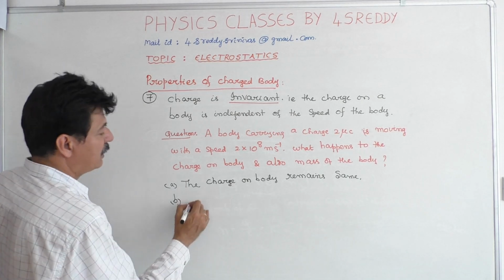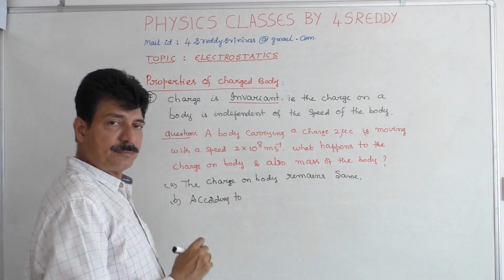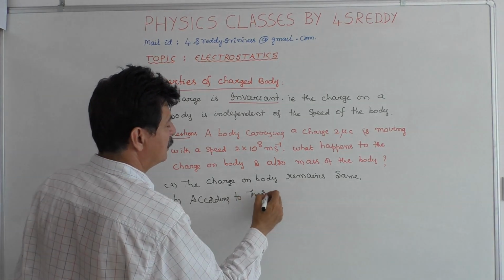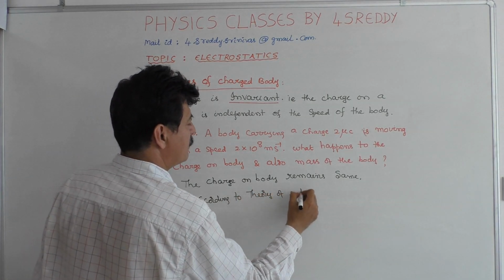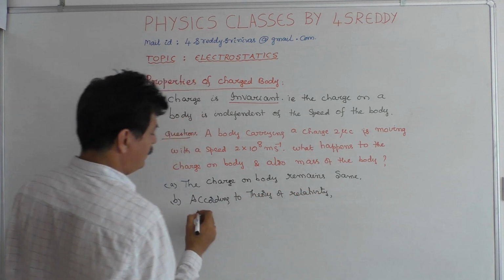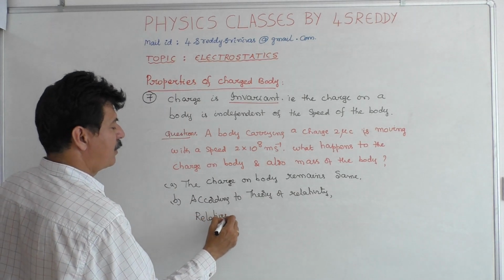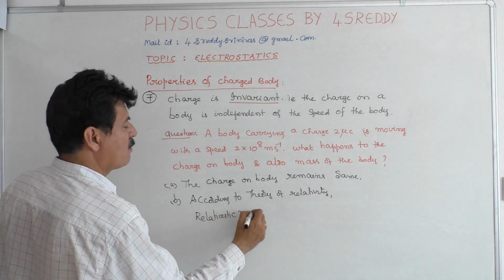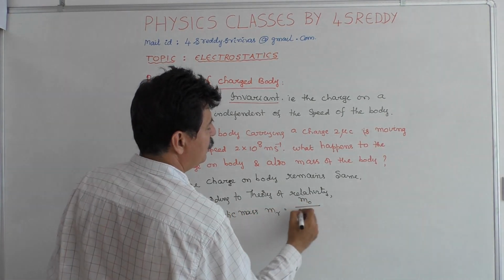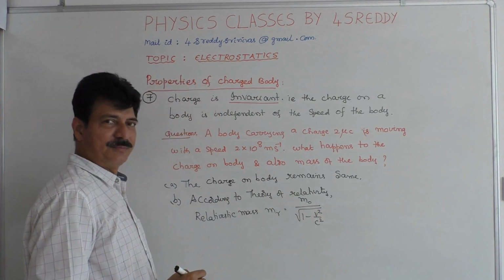That is, according to the theory of relativity, relativistic mass m_r is equal to m naught by root of 1 minus v square by c square.